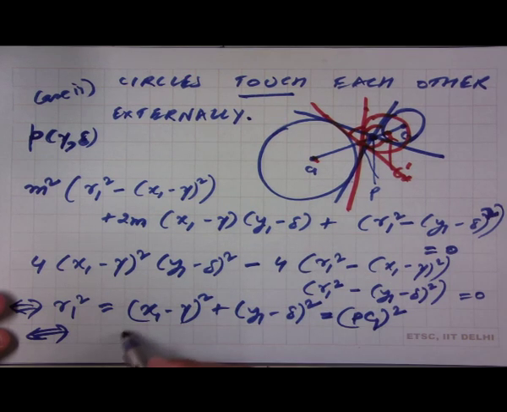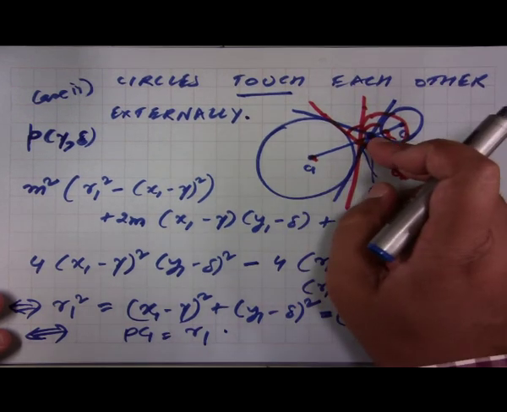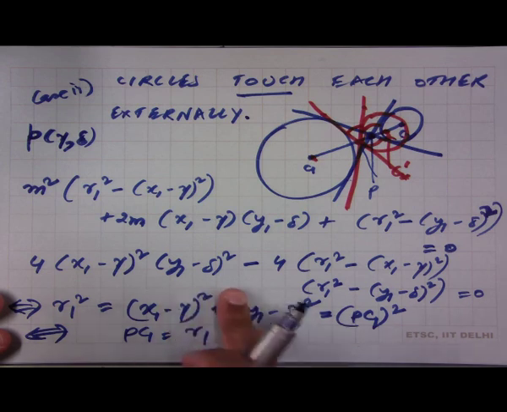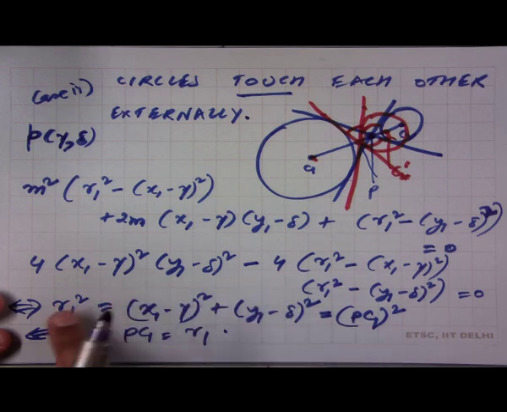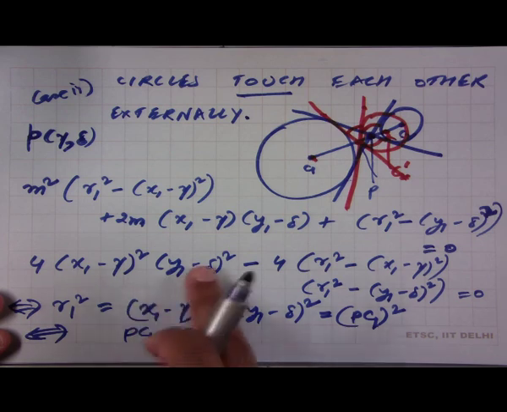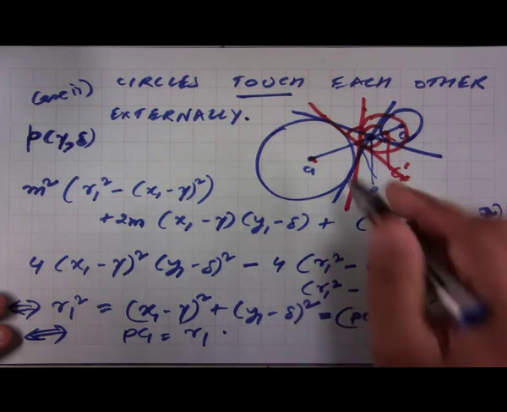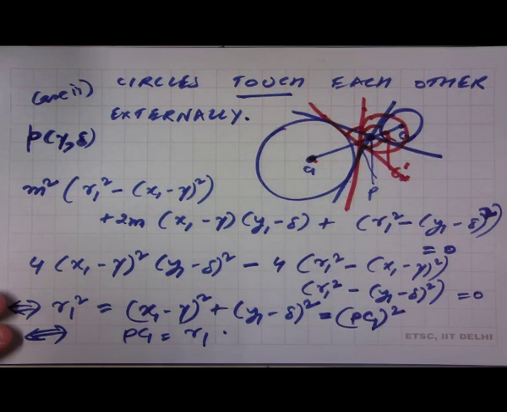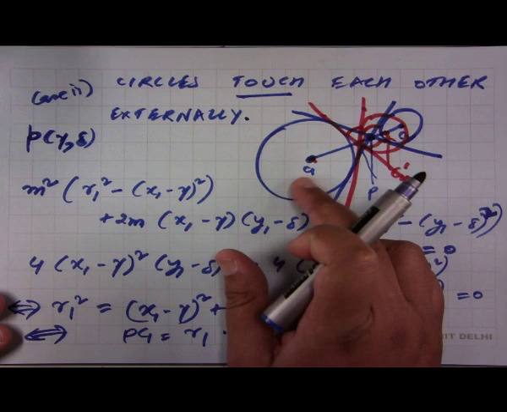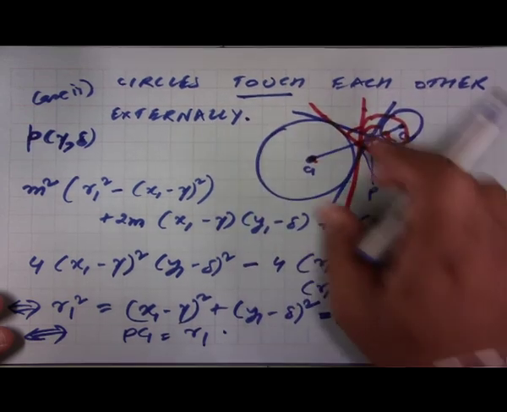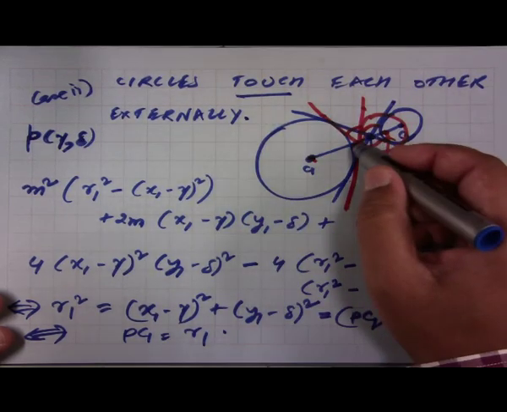Now that we only have one tangent in this case, the point of intersection of that tangent with the line joining the two centers is such that the distance of that point from the center of the first circle is R1. What this basically means is that this point is on the circumference of the first circle.